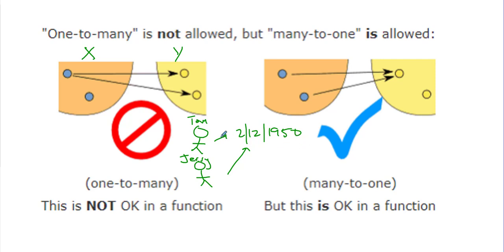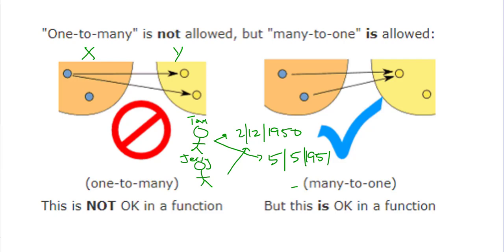But what we cannot do, right? Tom cannot be born on May 5th, 1951, right? Tom can only have one birthday. Okay, now more than one person can have the same birthday, but one person cannot have more than one birthday. Okay, so this is a good example of a function and not a function, and we're going to do a couple of those here shortly.